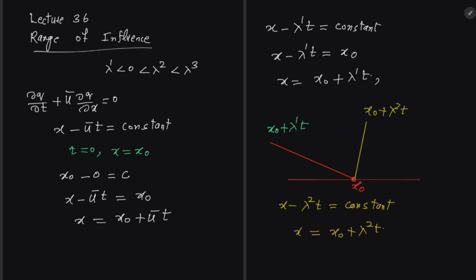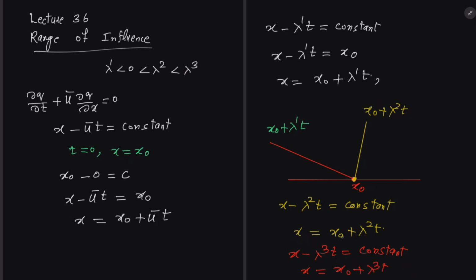Remember that we are drawing these characteristics starting from a fixed point this time. And the last one is obvious. You can write it yourself, x minus lambda 3 t, which is constant. So x will be equal to x naught plus lambda 3 t.